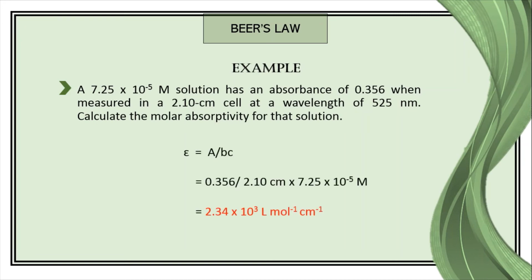So by using the Beer's law equation, we just substitute absorbance, concentration of analyte, and cell path length from the question into the equation, and then we can get the molar absorptivity. So the answer is the molar absorptivity is 2.34 times 10 to the power of 3.